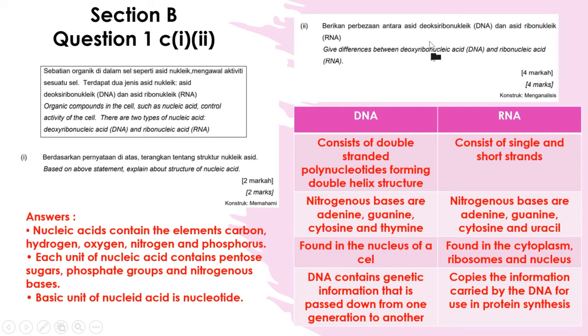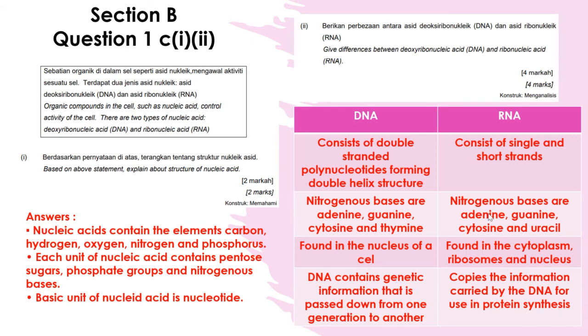So deoxyribo means it consists of a double strand. If ribo, just one strand, or a single strand of polynucleotide. Okay, so we go to the differences. Because of the 4 marks allocated here, you have to state 4 points or more than that.